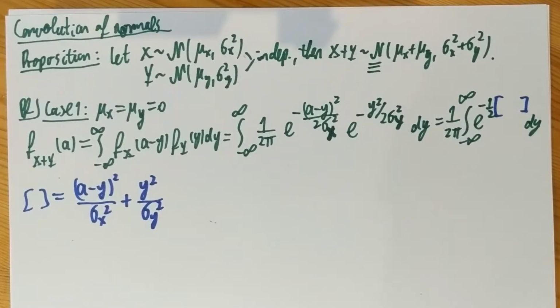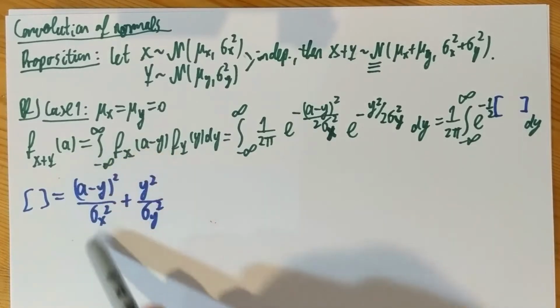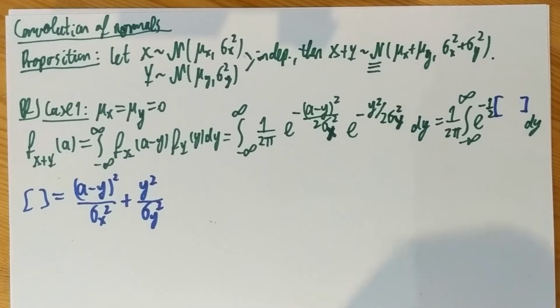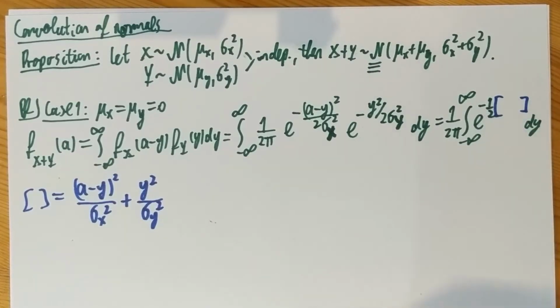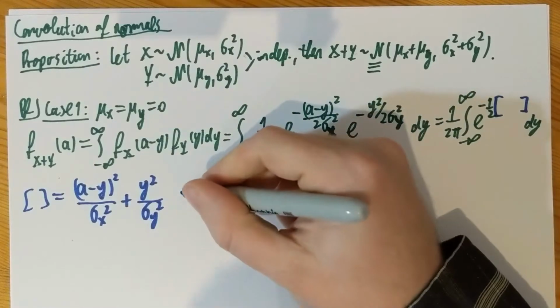Okay, and I want to find out what this thing is. So I want to simplify this thing. Now, if you look carefully at this formula, this is a quadratic polynomial in y, and I have the integral of a quadratic polynomial up in the exponent with respect to y. The trick is always make it a full square.